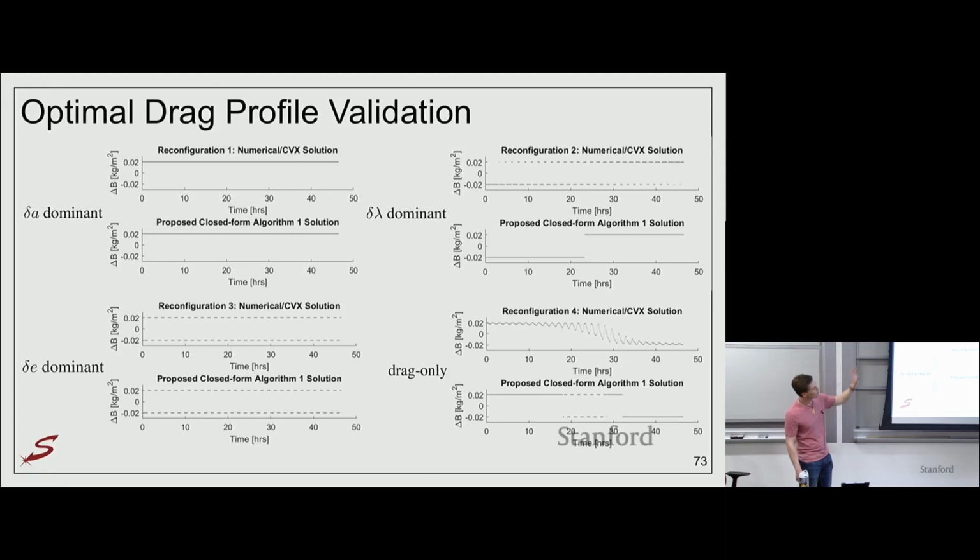But you're right, for the delta lambda dominant and for drag only control, there are some in-between values that are found by CVX. But when you actually look at the effect that has on the delta Vs, it's below 1%. So for our purposes, it doesn't matter. We're already struggling with the atmospheric density estimation enough that this is fine.